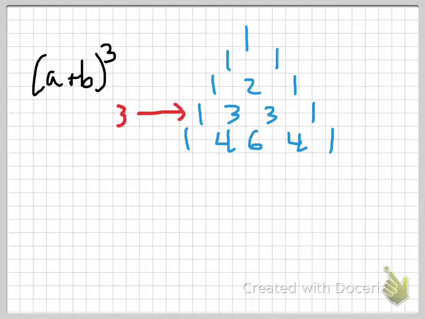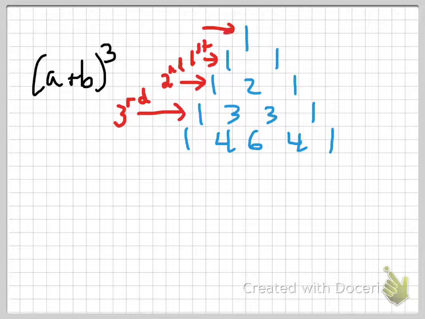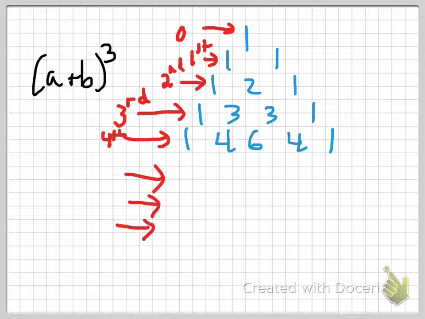This is your third power row. The row above it is your second power row. This is your first power row. And this top one is your 0 power row. And if I keep going down, here's your fourth power row. I could continue to the 5th, 6th, and 7th power if I kept making Pascal's triangle bigger and bigger.